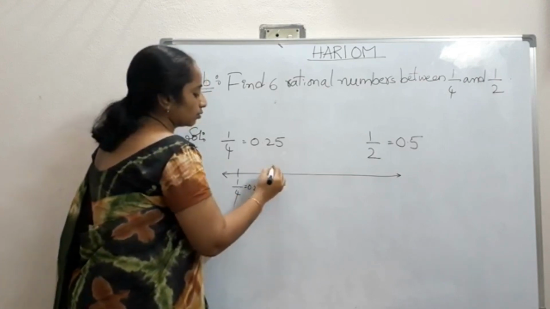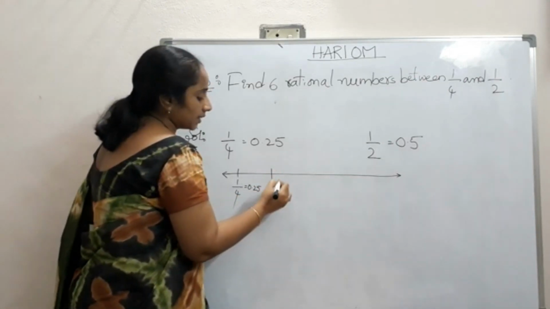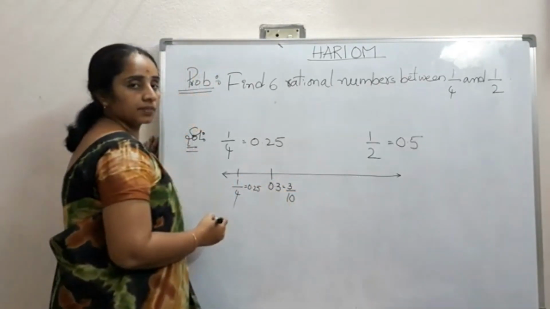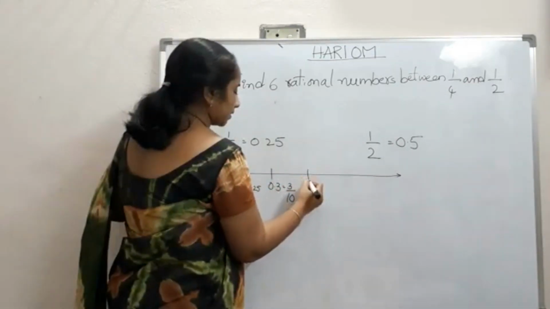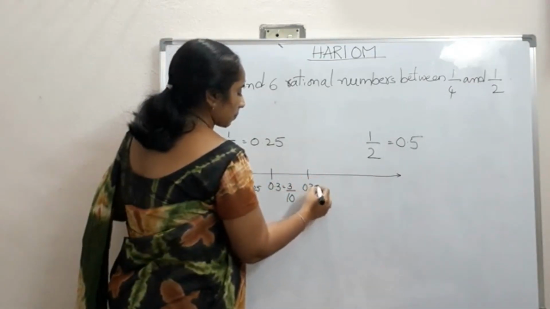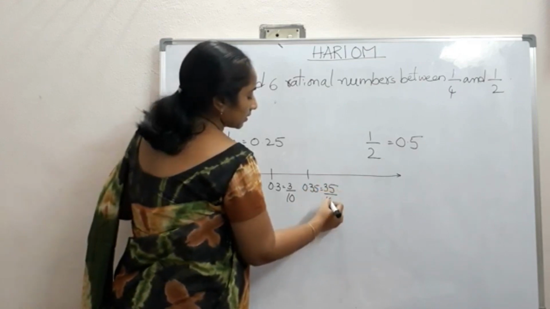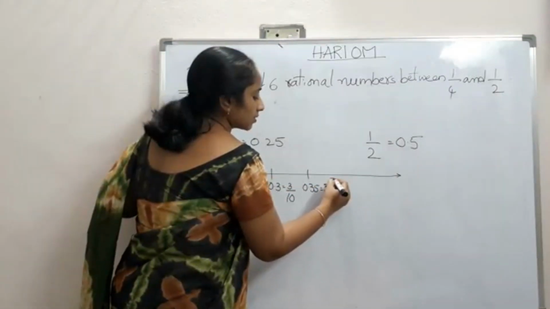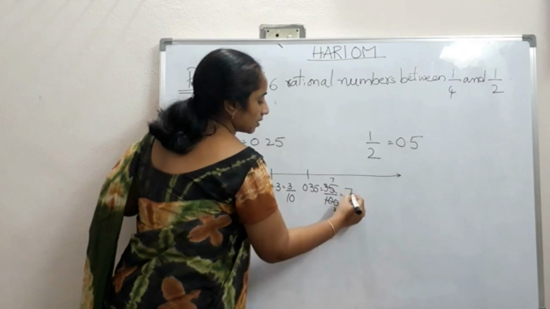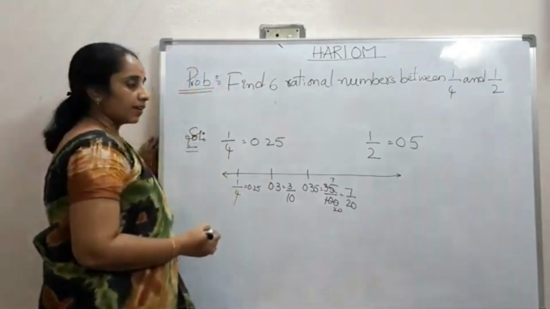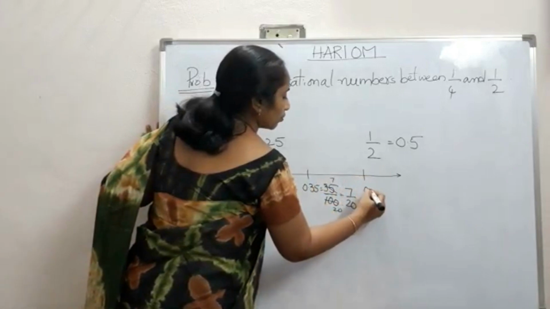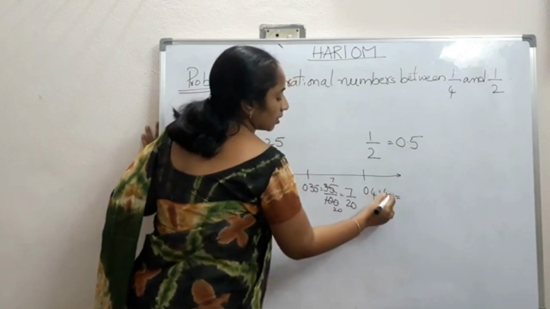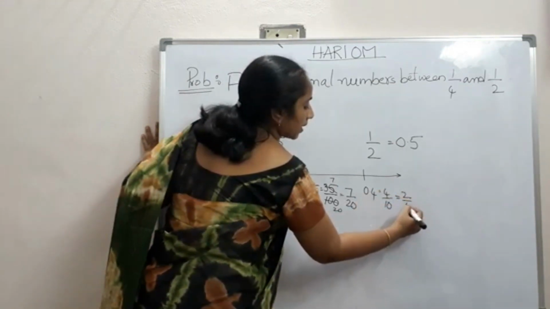Now we can write 0.25, 0.3, which is nothing but in fractional form 3 by 10. Next 0.35, that is 35 by 100. The same we can convert by dividing by 5, 5 sevens, 5 twenties, that means 7 by 20. Next 0.4, it is 4 by 10, which is equal to 2 twos, 2 fives, 2 by 5.